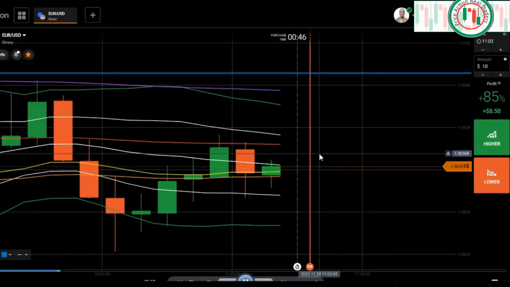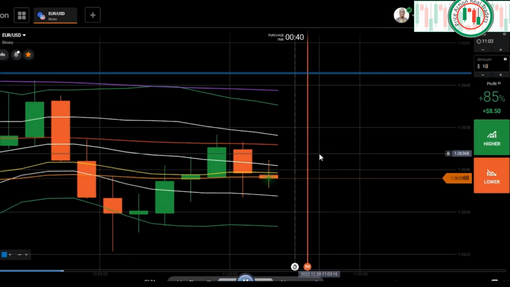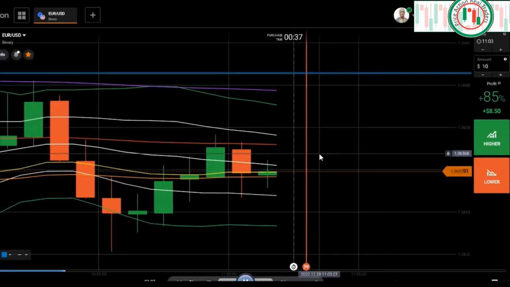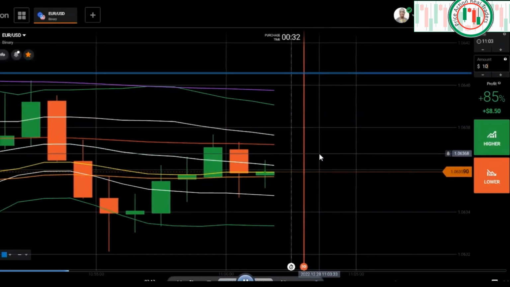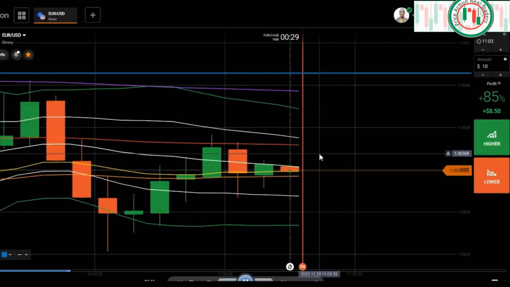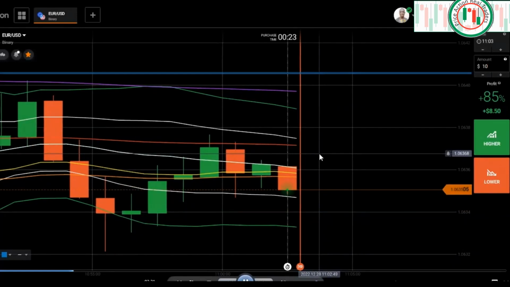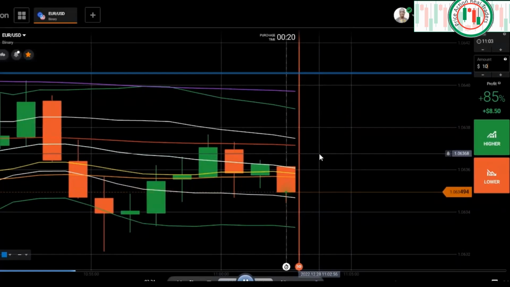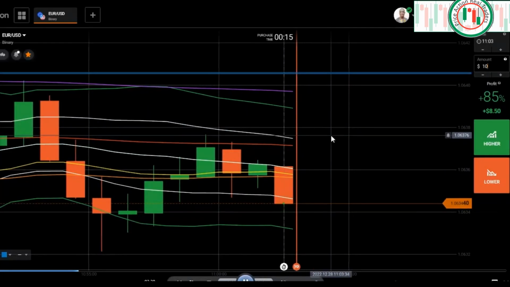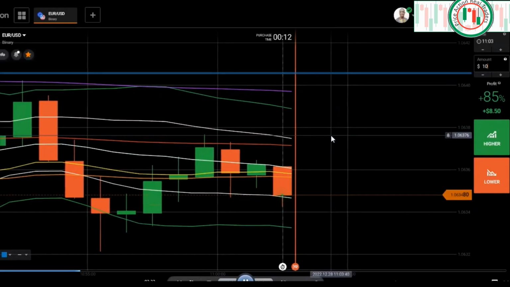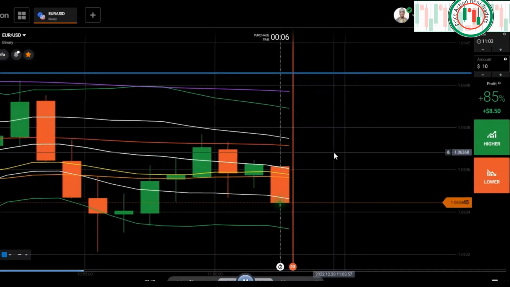So you see here, so I'm still waiting. So if this is an engulfing candle, I will place put option, because I know after this candle market is coming down here.